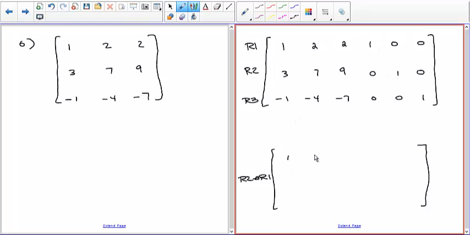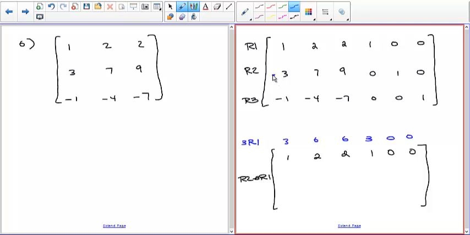Now the first row is intact at this point. So let's write it out. So let's do 3 times row 1. So we take row 1 here, multiply it by 3. We get that.